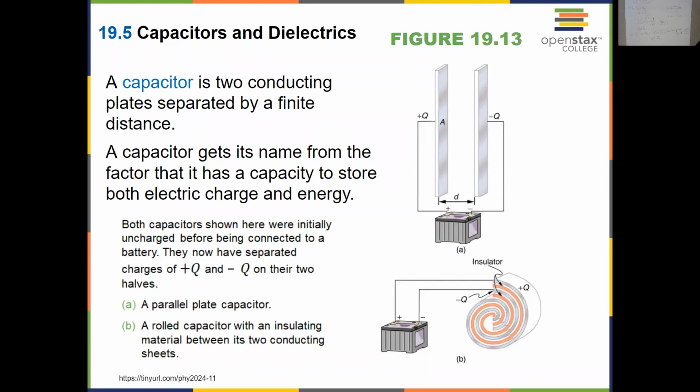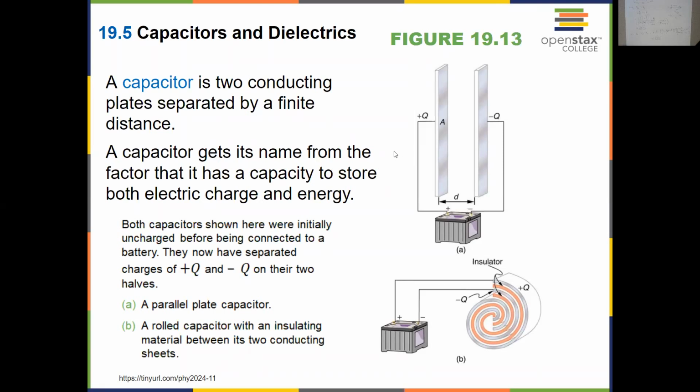One of the devices that has been invented is called a capacitor. A capacitor is basically a device that can store electric charge and energy. It gets its name because it has the capacity to store both charge and energy, so it's called a capacitor or electric capacitor in that sense.